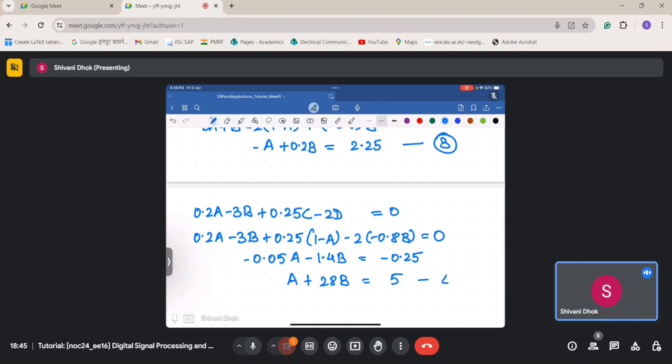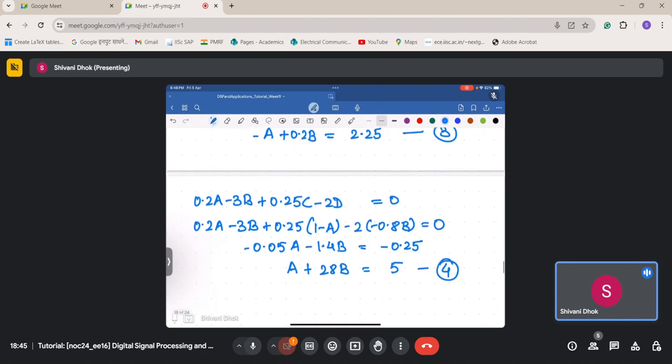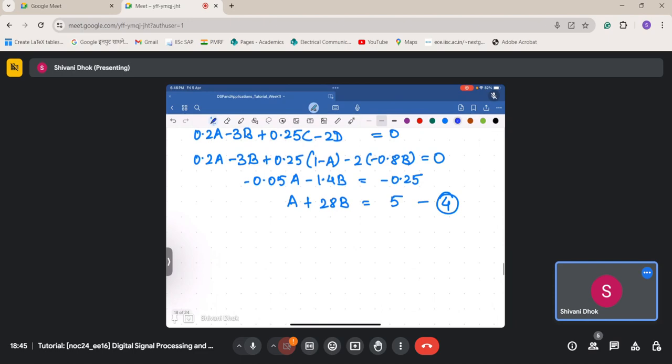And let me number this as equation 3. So now we have two equations. So we have equation 3 as minus a plus 0.2b as 2.25 and a plus 28b as 5.